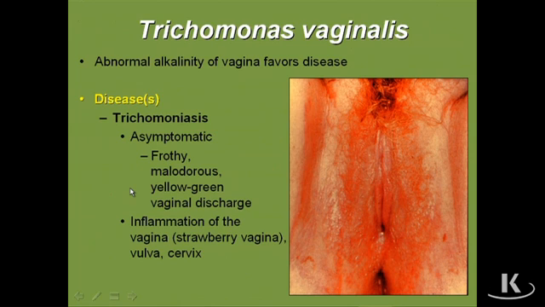That's different from bacterial vaginosis where you have a thin grayish discharge, but again it's malodorous, okay? And it's always described as a fish-like odor. So that's going to be one of the big clues. In addition, with Trichomonas, you have a lot of inflammation that you can see here. So sometimes this is called strawberry vagina because of all of the erythema associated with that particular infection.